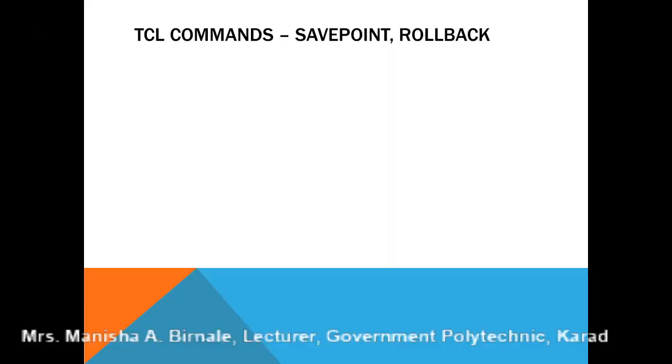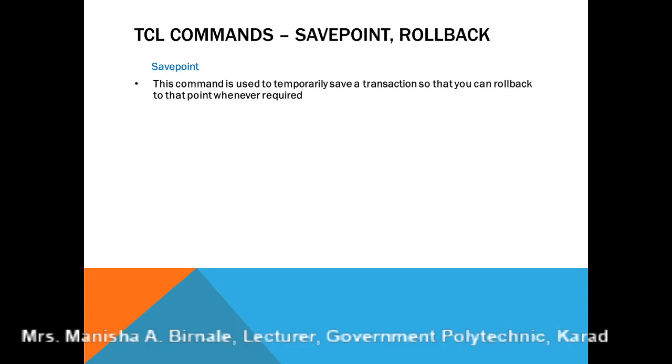Now another TCL command is save point. So save point command is used to temporarily save a transaction so that you can roll back to that point whenever required.